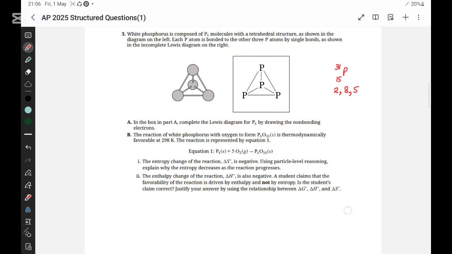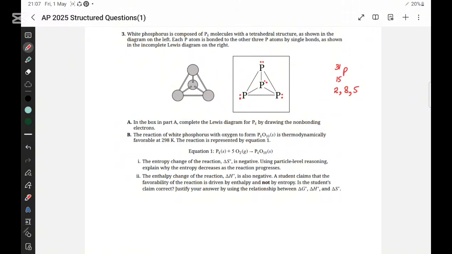So if it has 5 electrons, 1 electron is present here, 1 is here, 1 is here. So the remaining 2 electrons are going to be present here as a lone pair. In the same way, there is going to be a lone pair here, because here phosphorus is also bonded with 3 other phosphorus, and in the same way a lone pair is here, and in the same way a lone pair is present here. So we need to remove only this part.